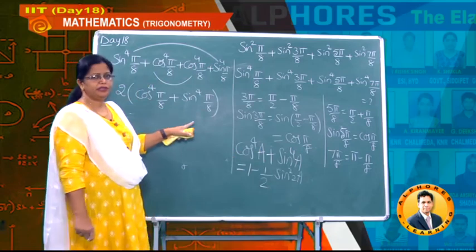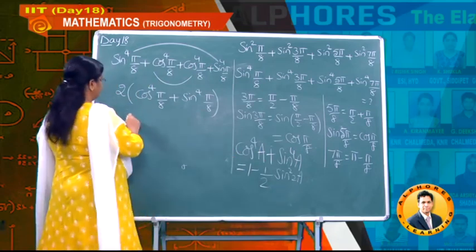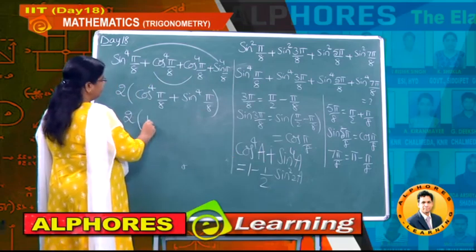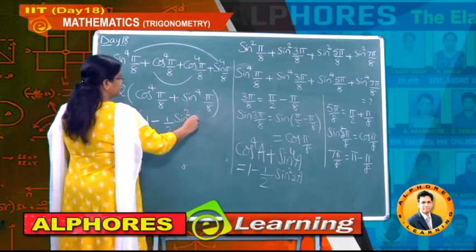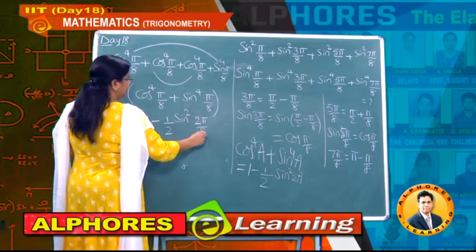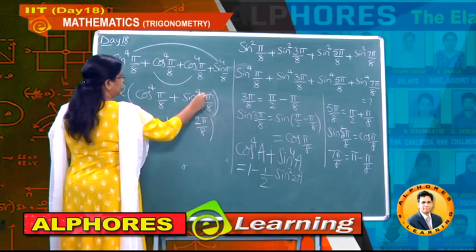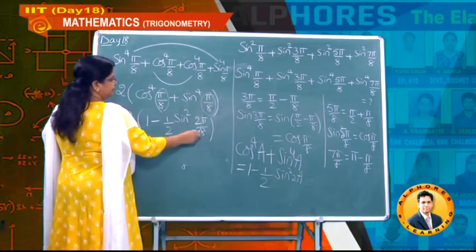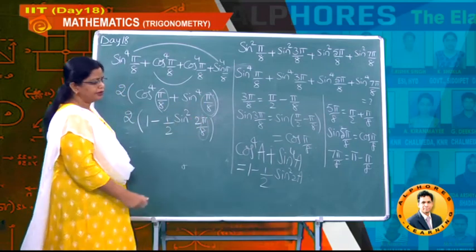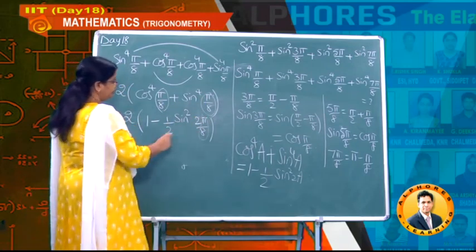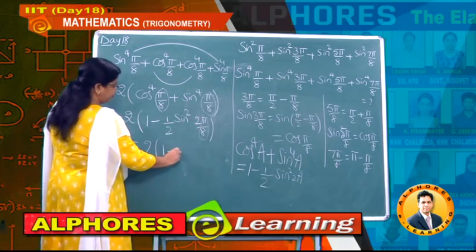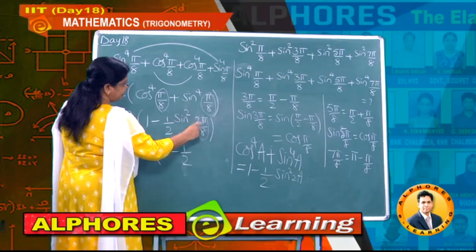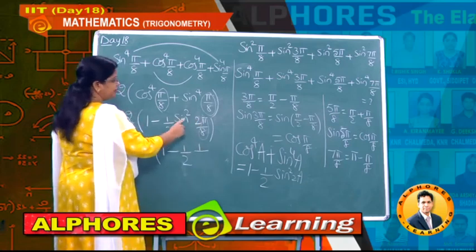Now I am going to substitute that formula here. Then 2 into 1 minus half sine square 2a, okay. So sine square 2 pi by 8. Here this pi by 8 is your a and this value is 2a, okay. Now 2 8s are 4, therefore you got 2 into 1 minus half sine square pi by 4, that is nothing but how much, students?